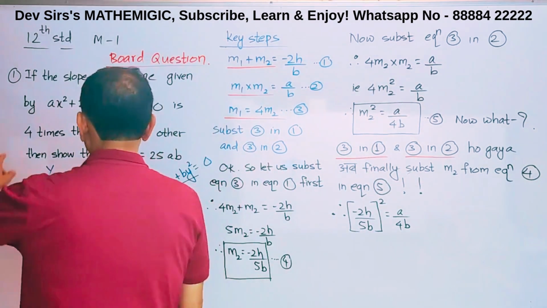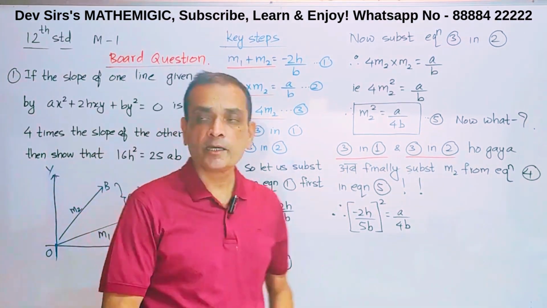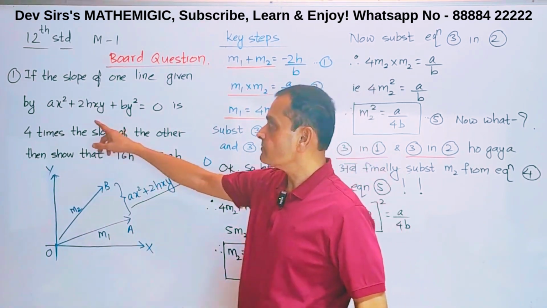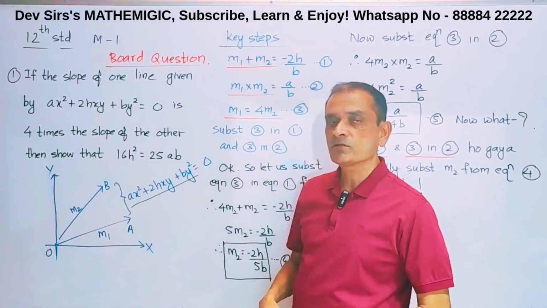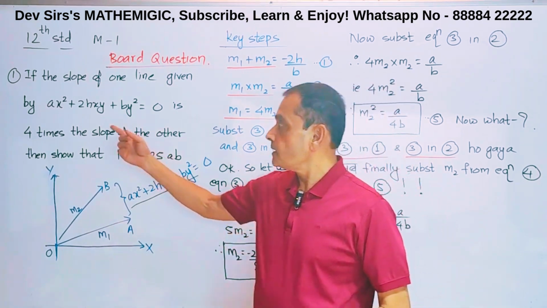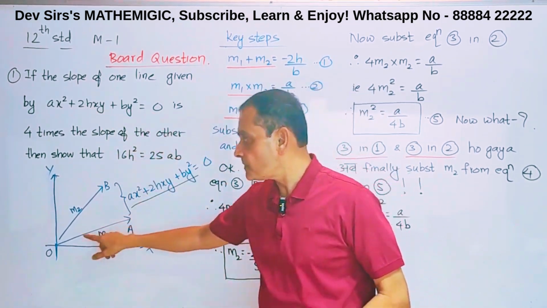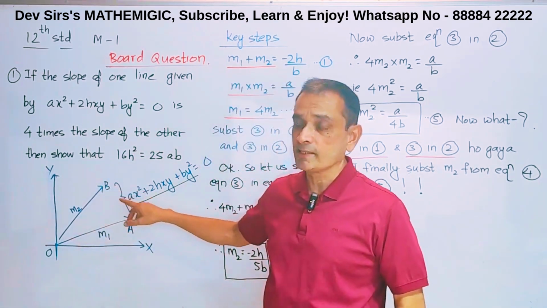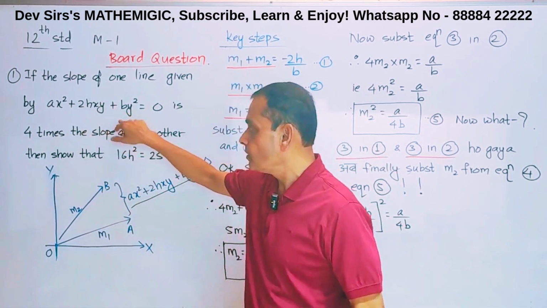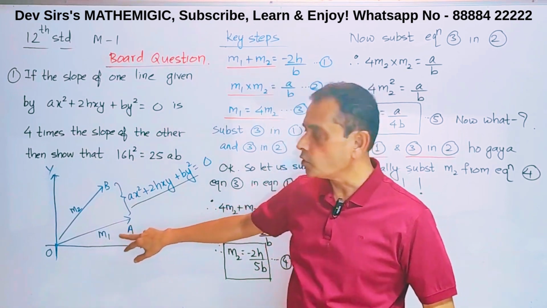If the slope of one line given by ax squared plus 2hxy plus by squared equal to 0, now this represents a pair of lines passing through the origin. You know that this is called the combined equation of both the lines, OA and OB.